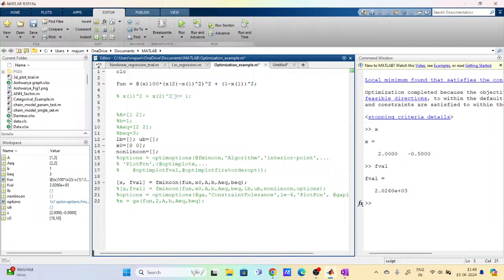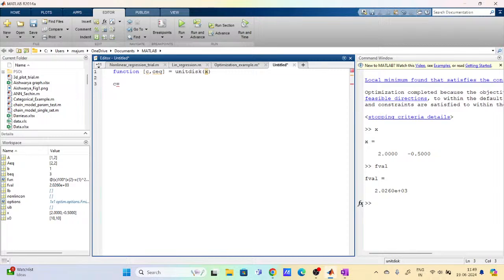So we just put x1 square plus x2 square minus 1 less than or equal to 0. So what is our constant? Our constant c equals x1 square plus x2 square minus 1. Done.